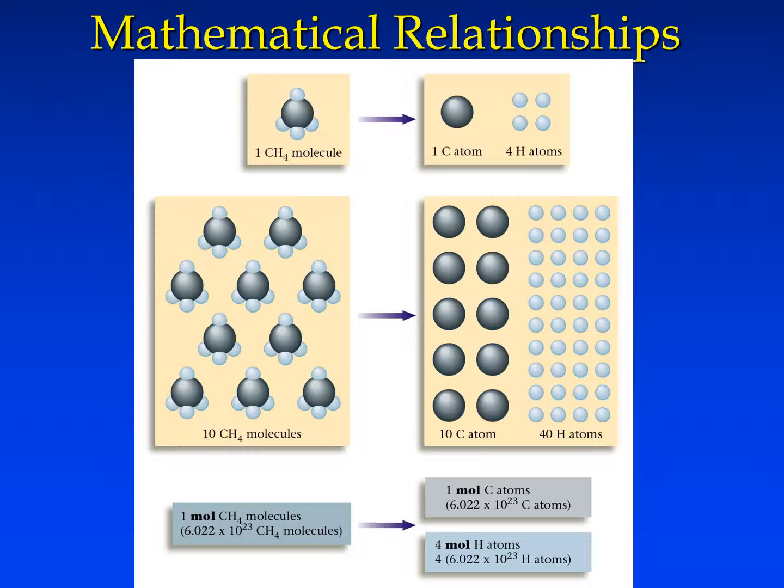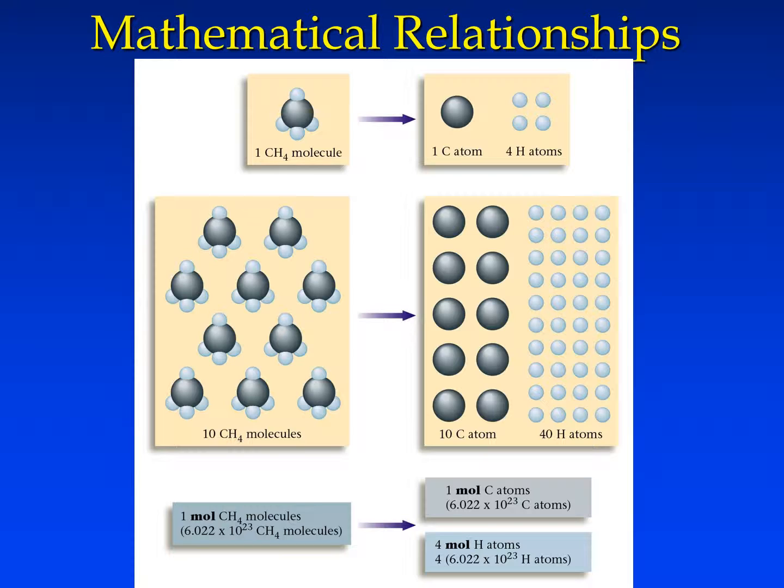First, let's talk about some typical relationships that occur in chemistry. As you can see at the very top of this picture, if I have one molecule of methane, I have, of course, one carbon atom and 4 hydrogen atoms. This would be my mathematical relationship. Of course, if I have 10 molecules of methane, I have a corresponding number of 10 carbon atoms and 40 hydrogen atoms.